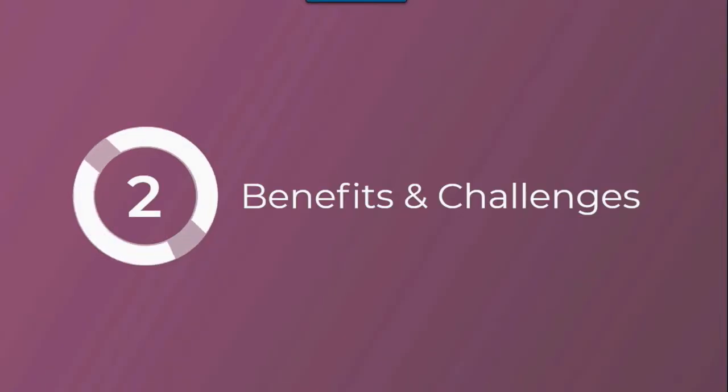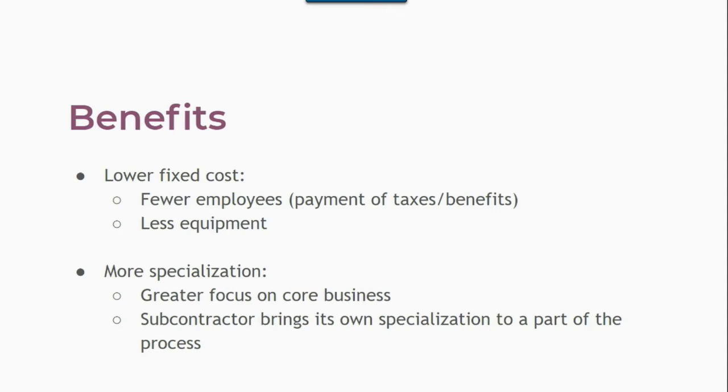Now, the benefits and challenges that come with subcontracting. The benefits are definitely the specialization that you can have, greater focus on your core business, and you can also capitalize on the subcontractor's specialization in what they do, and then combine that into your finished product. That carries into lower fixed costs as you pay for fewer employees, less expenditure on equipment, fixed assets, things like that.